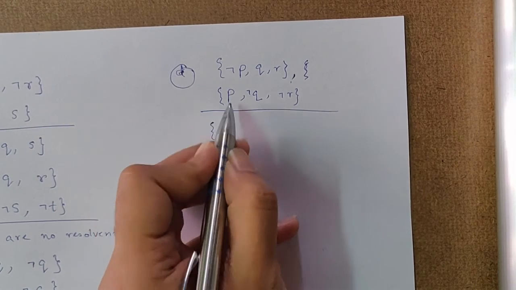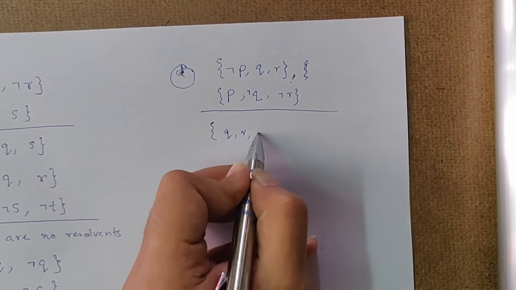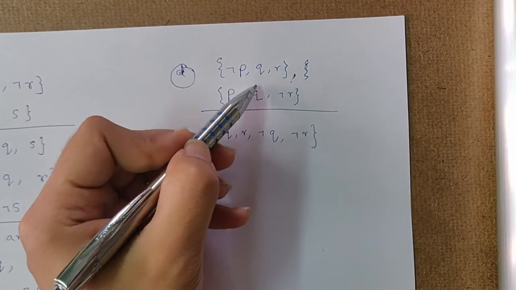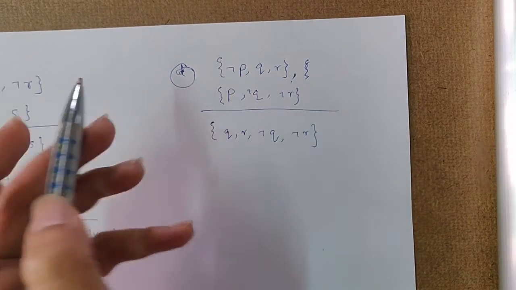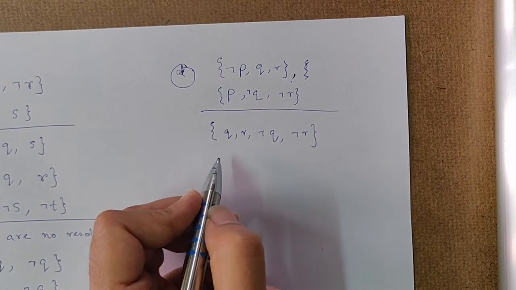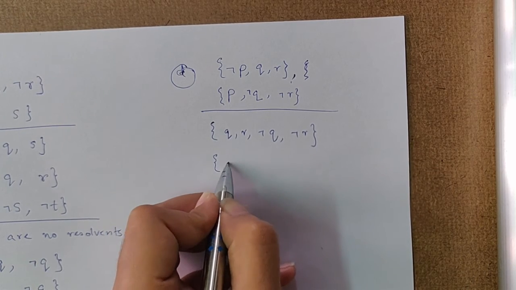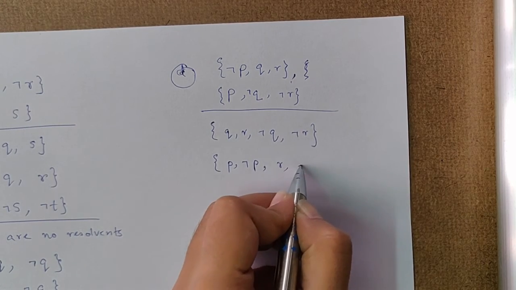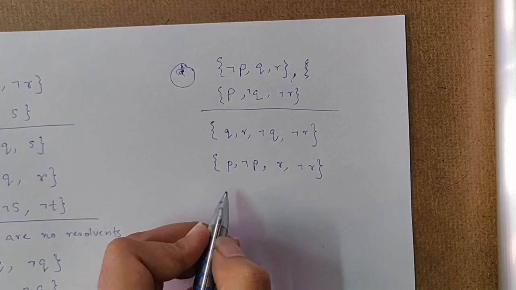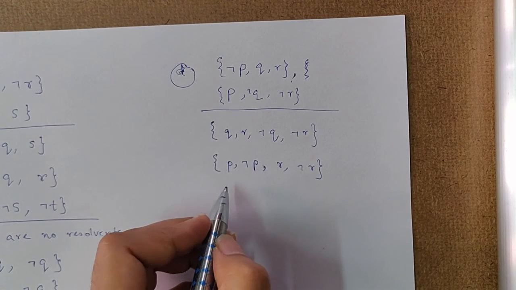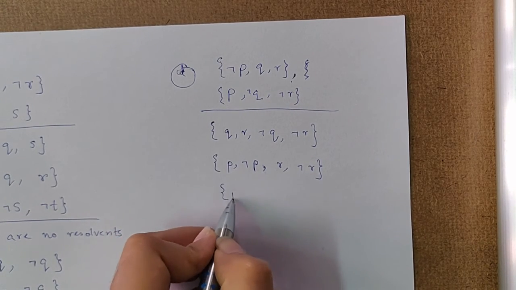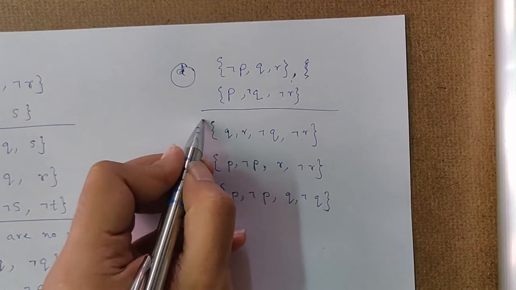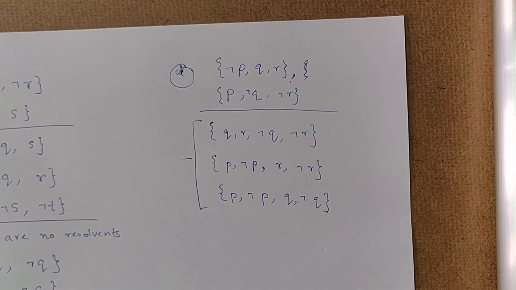I can get the conclusion Q, R, not Q, not R. I can resolve on Q here. I can get P, not P, R, not R. I can resolve on R here also. I can get P, not P, Q, not Q. And all these are valid conclusions.